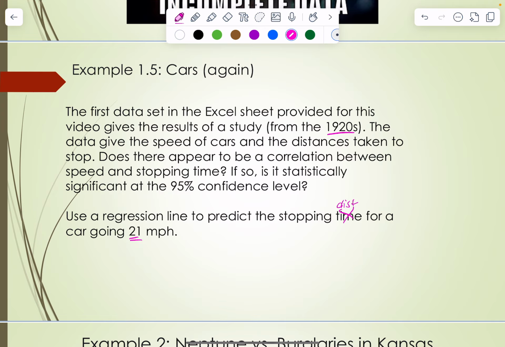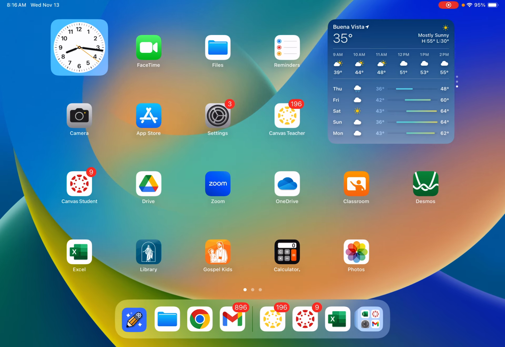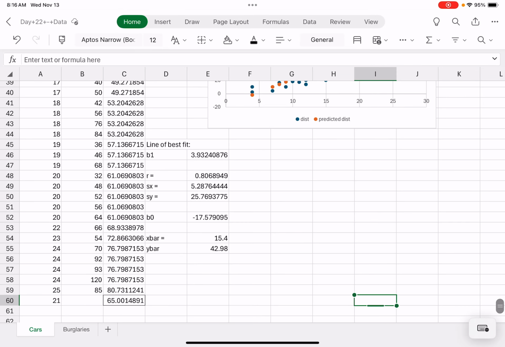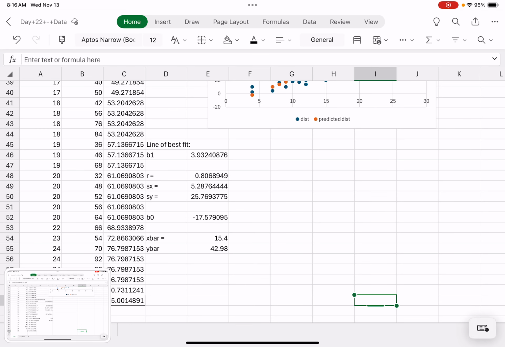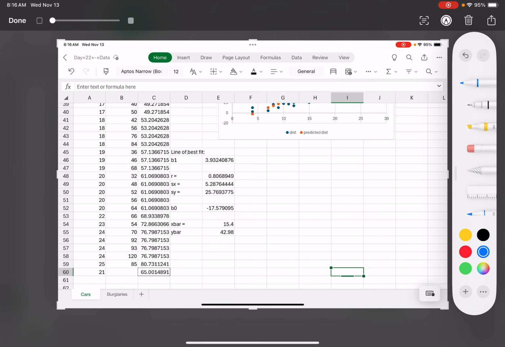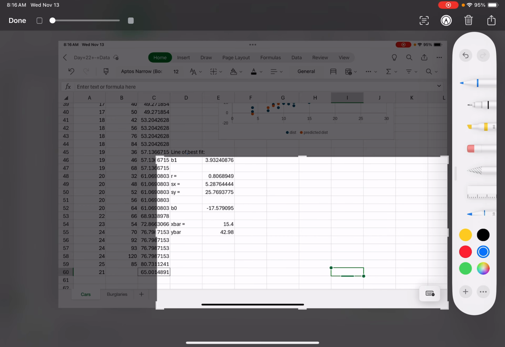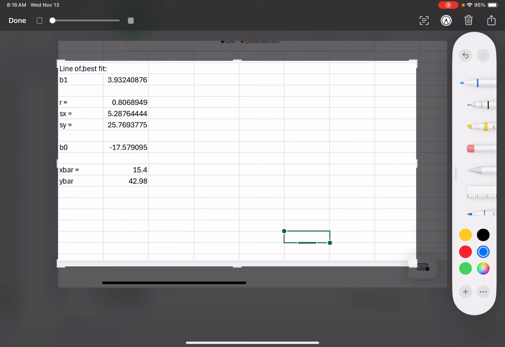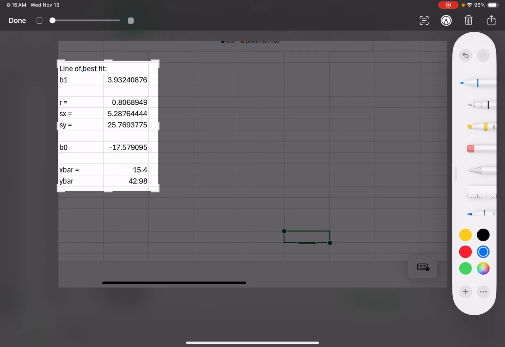Another way of writing this would be to report the B1 and the B naught. Let's go ahead and grab that. So I have taken a screenshot and I'm getting all the information that I need here.